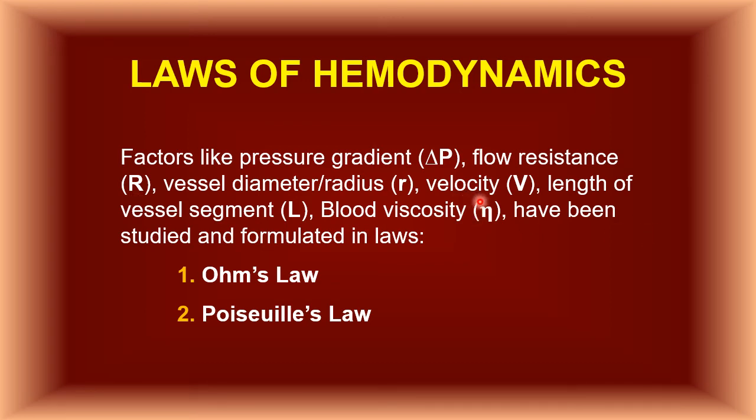Also, we have the velocity, V; the length of the vessel or the segment of the vessel under study, L; and the viscosity, which we know is given the Greek letter eta. All of these have been studied by these two scientists, Ohm and Poiseuille.